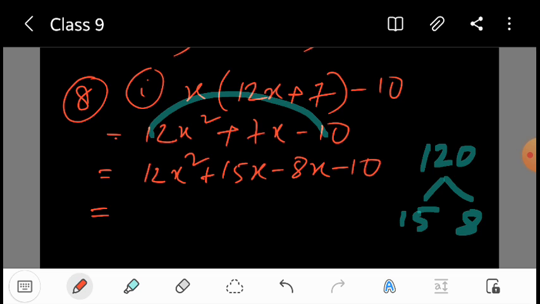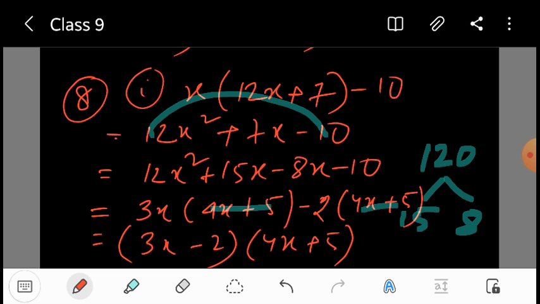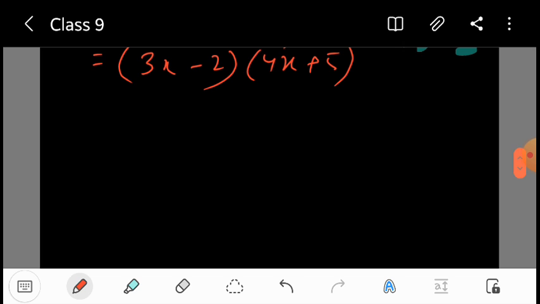If we take 3x as common, that is 4x plus 5, and if we take minus 2 common, that is 4x plus 5, right? Now we can take common these two. There is nothing but 3x minus 2 and the 4x plus 5 as common. So that is the result.